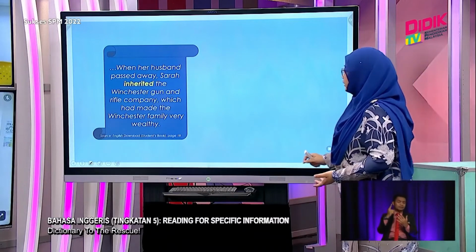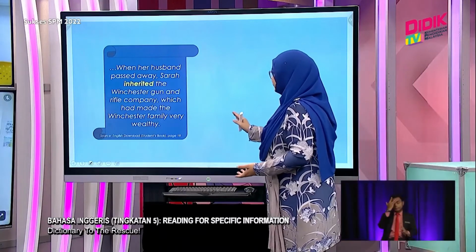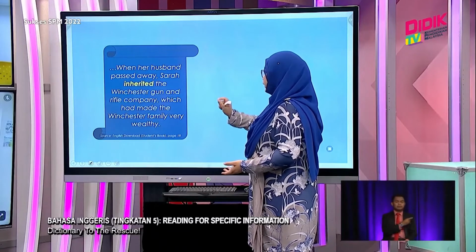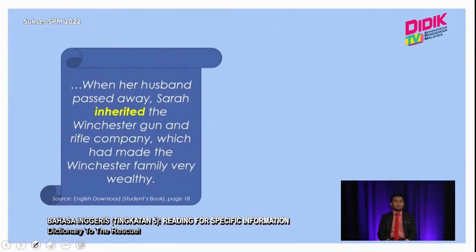For example, let's have a look over here. We have the word inherited. We refer to the sentence before it, which is when her husband passed away. It means that Sarah's husband died. Then we look at the sentence after inherited: the Winchester Gun and Rifle Company, which had made the Winchester family very wealthy.